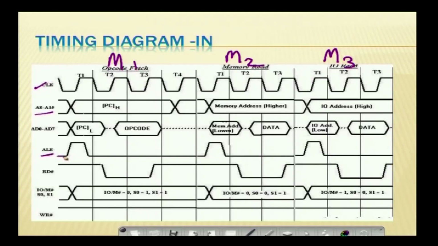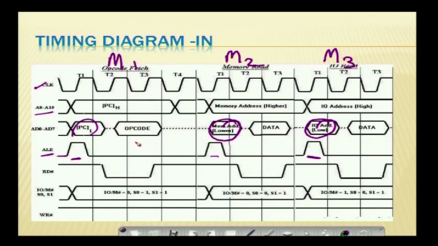The ALE signal is always high in the first T state of all machine cycles. Based on that it will enable the latch, then it will read the corresponding lower order address, and the remaining time it acts as data lines.